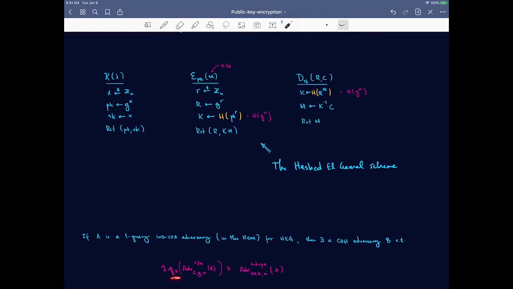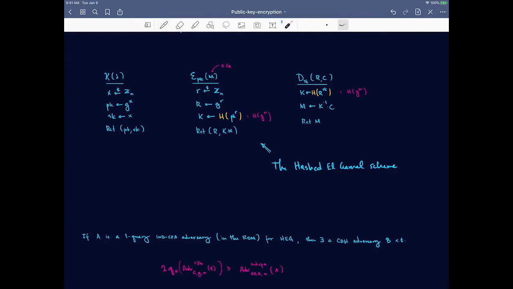But there's no free lunch, because now we're scaling by the number of hash queries that are being made. Hash queries are equivalent to local hash computations. This number could be quite big. Even if the number of encryptions that you see is small, the number of local hash computations you can do as part of your attack could be quite large, like 2 to the 60. So now you've got potentially a big number sitting here, which means you probably have to again make the group large, maybe even larger than you might otherwise need.